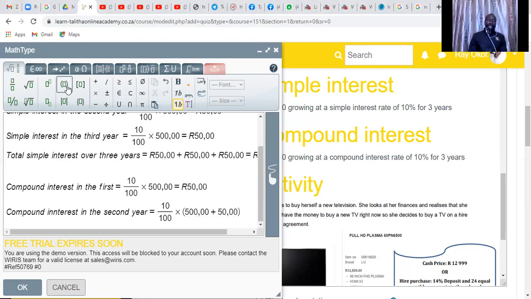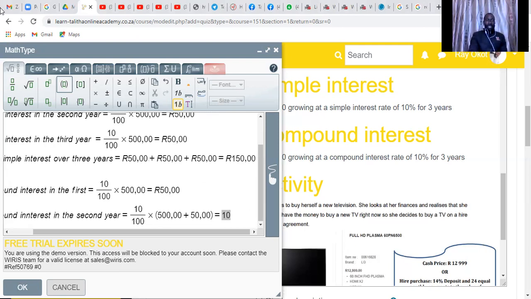That is how we calculate what? The compound interest in the second year. And so this is going to be 10% of 550.